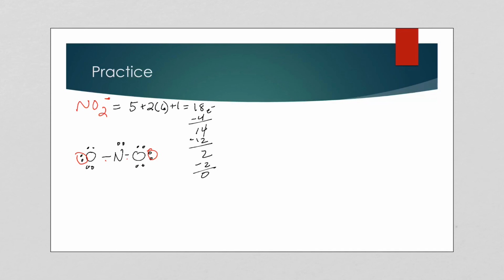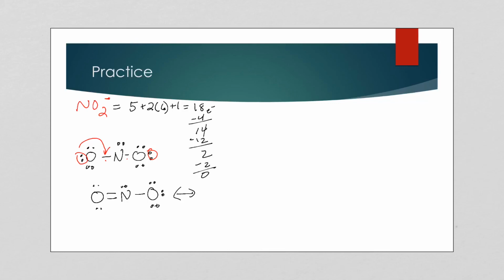So let's say I do this one, and I get a structure that looks like this. So I moved one of the lone pairs to get this kind of structure. Now, there was no reason I wouldn't do it on the right. And so this is where we get resonance.